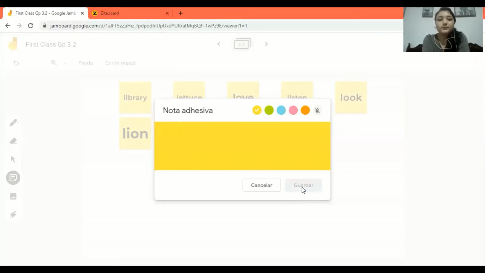Another one. Like. With letter L, remember, only letter L. In this case, lake. Very good. Another thing, quickly. Lunch. Very good.